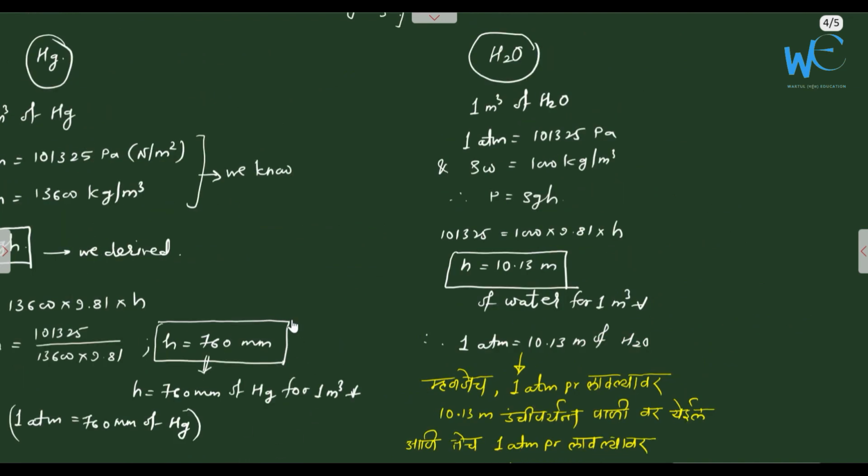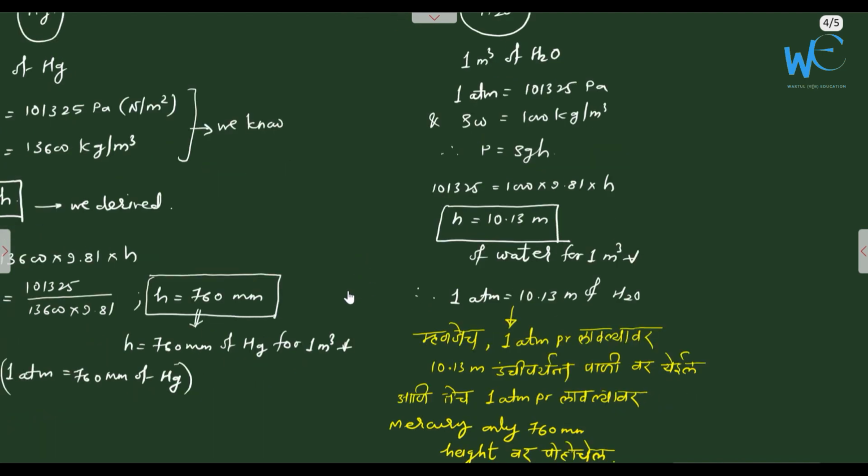And when it comes to water, only the density changes, which is 1000 kg per meter cube. One atmospheric pressure remains the same, 101,325 Pascal. Here we use the same formula, P is equal to rho gh. If I put all values and compute H, in case of water, H comes out to be 10.13 meter.